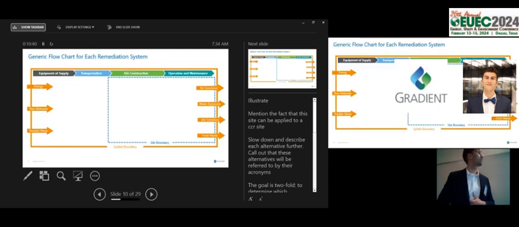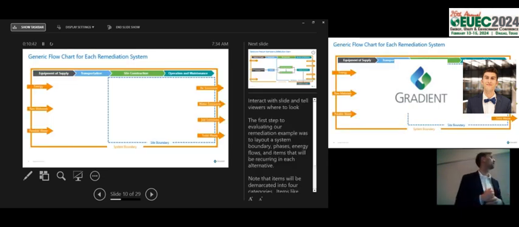So, as I said before, scoping a life cycle assessment is very important. I have here the system boundary drawn that we'll be considering, and I'll be putting flowcharts of each of the alternatives onto the screen. But really, we considered four big phases of environmental impact potential.